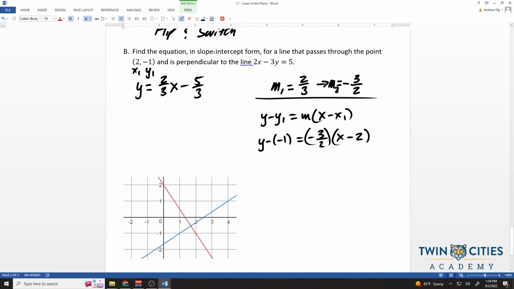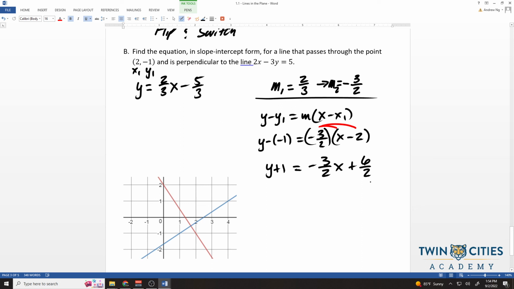Okay, let's distribute this negative 3/2 and simplify this a bit. y plus 1 is equal to negative 3/2 x. Negative 3/2 times negative 2. So this is going to multiply to just the top part of this fraction, 3 times 2, and then negative times negative, making this 6 over 2.